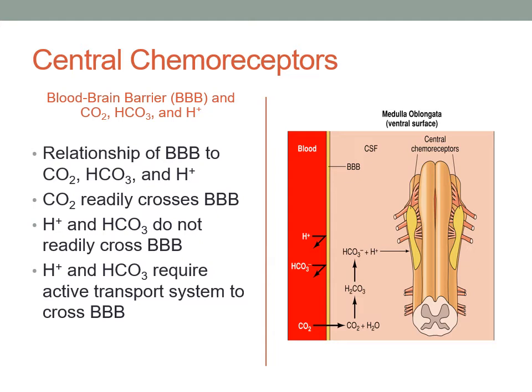As the CO2 moves into the cerebral spinal fluid across the blood-brain barrier, it forms carbonic acid by means of the following reaction. CO2 plus water goes to carbonic acid. Carbonic acid dissociates into hydrogen ion and bicarb. Because the cerebral spinal fluid lacks hemoglobin and carbonic anhydrase, it has a relatively low bicarbonate and protein level.